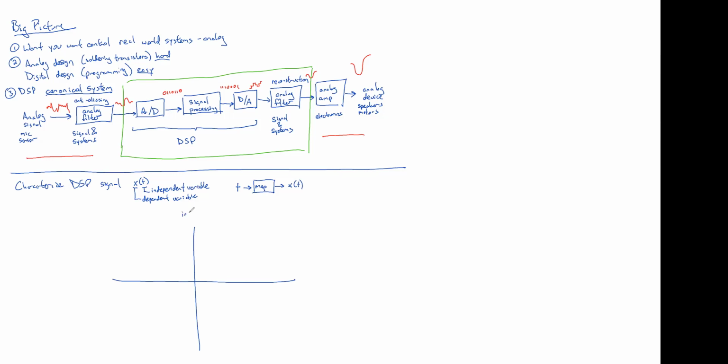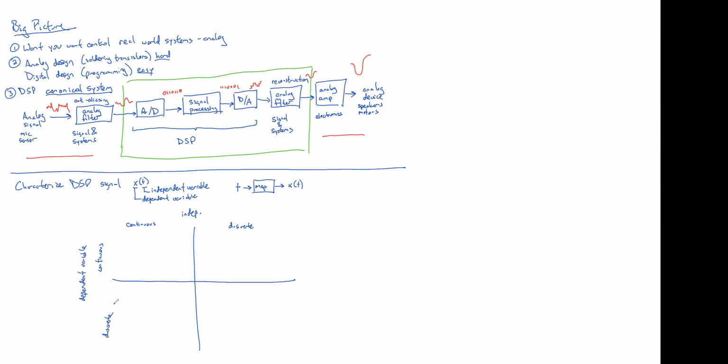So your independent variable can be either continuous, which would be time, or it can be discrete. And then your dependent variable, your output variable, can similarly be either continuous or discrete.